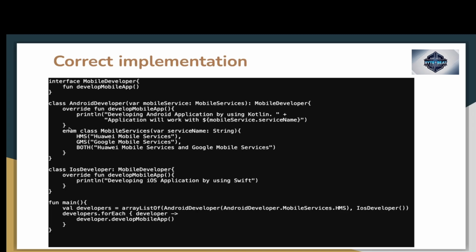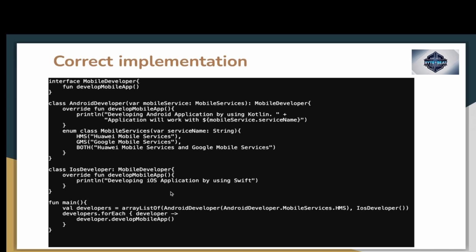An enumeration has been created, if you are getting confused by this. Because Android works on different kinds of devices like Huawei mobiles or Google mobile devices, or even on both, we will pass the type of service. But that is a different thing, not a part of dependency inversion, that's a part of programming logic. So here we are just passing a list.